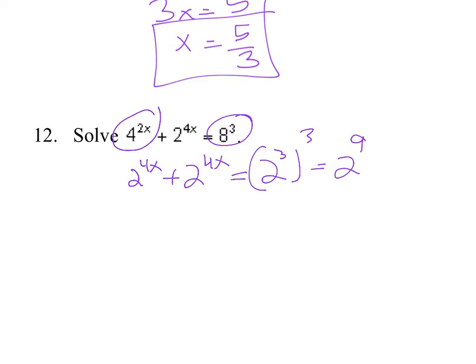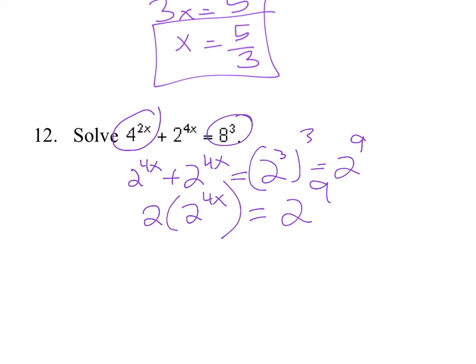All right, now, because it's added, I can't do anything with this at this point, except to notice that those are identical. So what that means is I have 2 to the 4x plus 2 to the 4x. I have 2 of the 2 to the 4x's. And that's equal to my 2 to the 9.